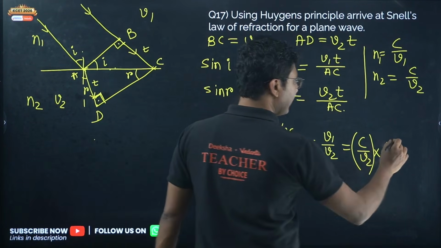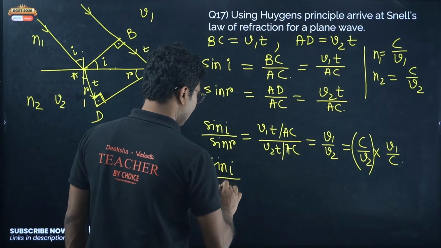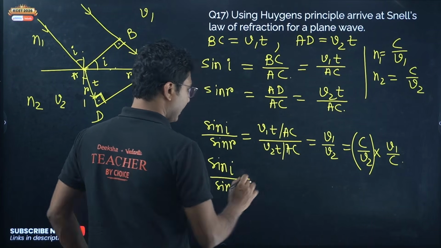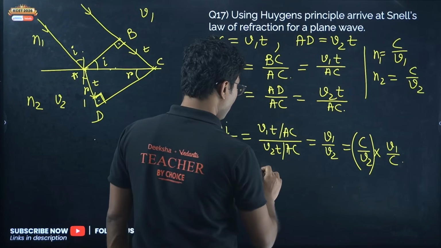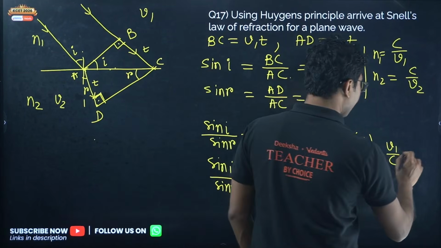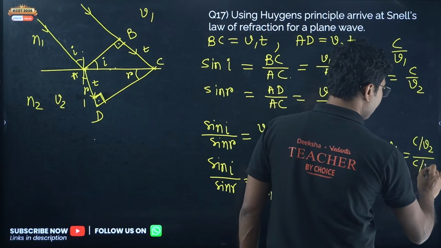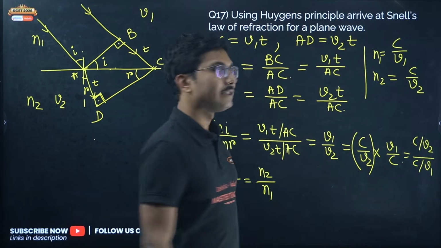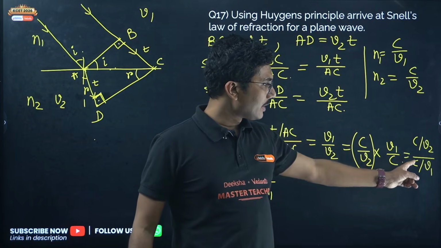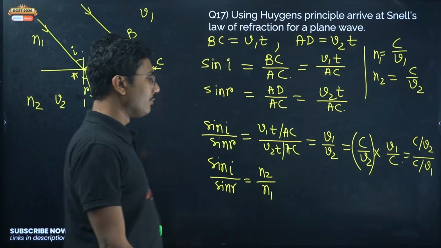So sin I by sin R can be written as N2 divided by N1, right? This can be written as C by V2 divided by C by V1. Obviously, if this comes in the division, the order will be inverted, so C by V1, and V1 goes up when we simplify it.